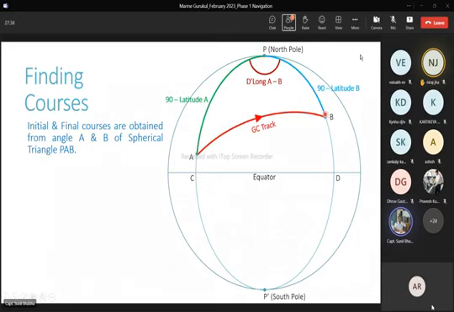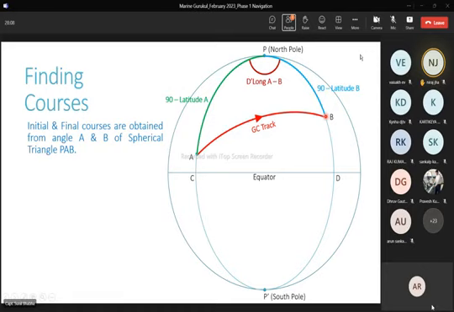We have already found the missing side, the unknown side of this particular triangle, that was side AB. Two sides were already known to us, Papa Alpha, which is the colat of A, Papa Bravo, which is the colat of destination position B, and the third side has been found in our previous calculation, that is side AB, which is the great circle track or the great circle distance between our initial and final position.